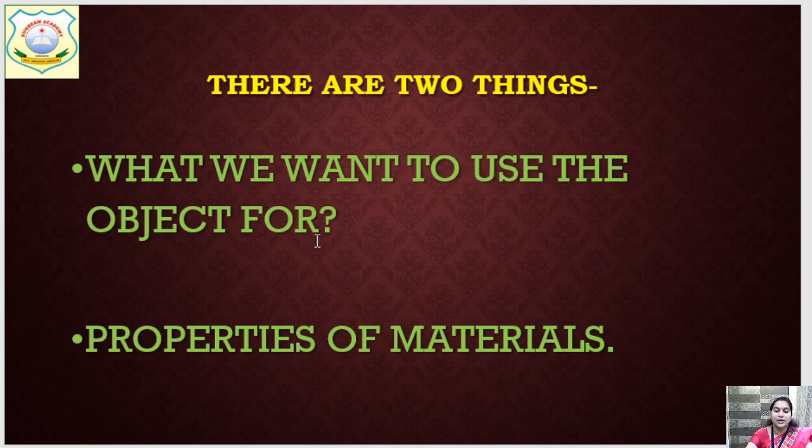So what we want to use the object for. Take an example, iron nail. Have you seen an iron nail? For what purpose is an iron nail used? For either hanging a photo frame, or constructing a table or plywood, or even the biggest of almirahs and wooden beds.